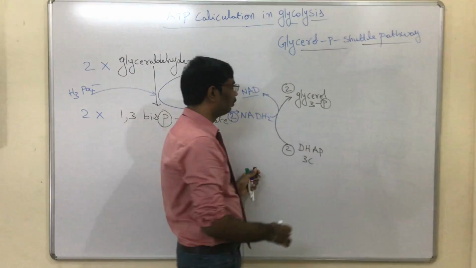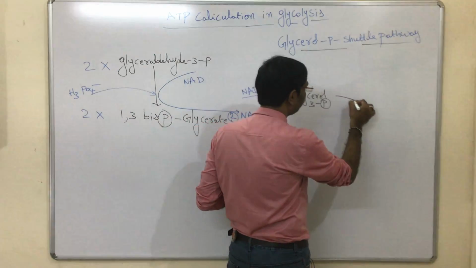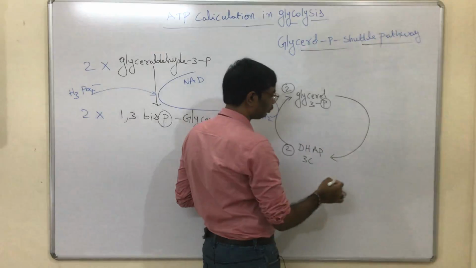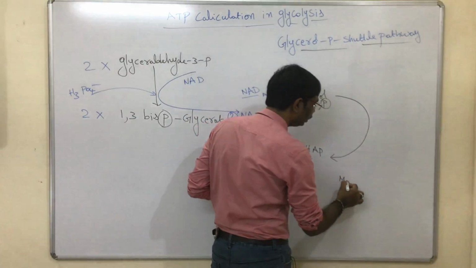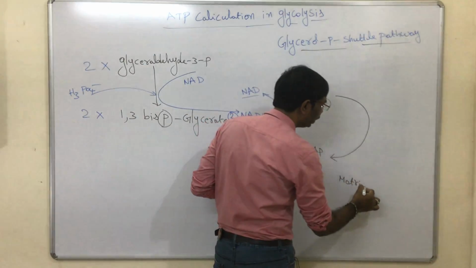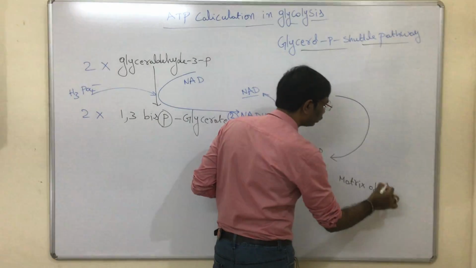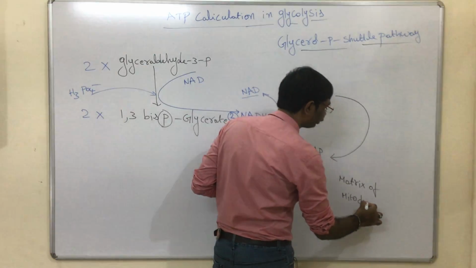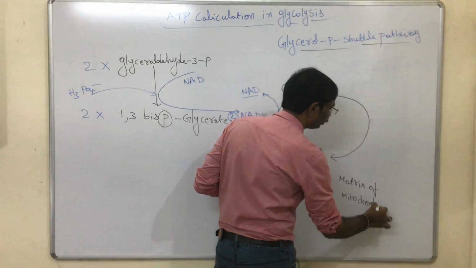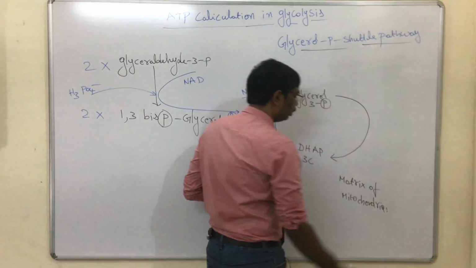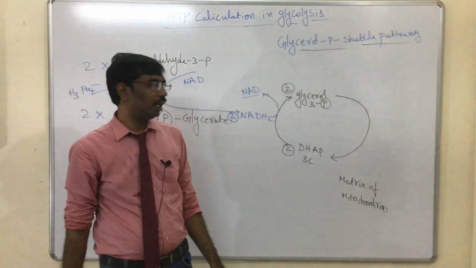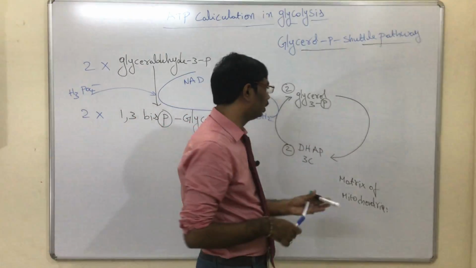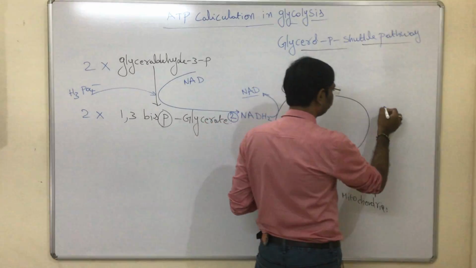So after this conversion, the glycerol phosphate enters into the mitochondrial matrix. So this reaction takes place in the matrix of the mitochondria. So what chance to happen in the matrix of the mitochondria?